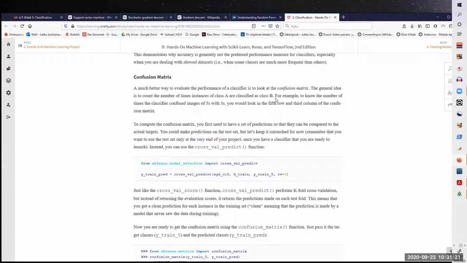So usually when we evaluate the performance of a classifier, we look at the so-called confusion matrix. So we count how many right and wrong classified cases we have.